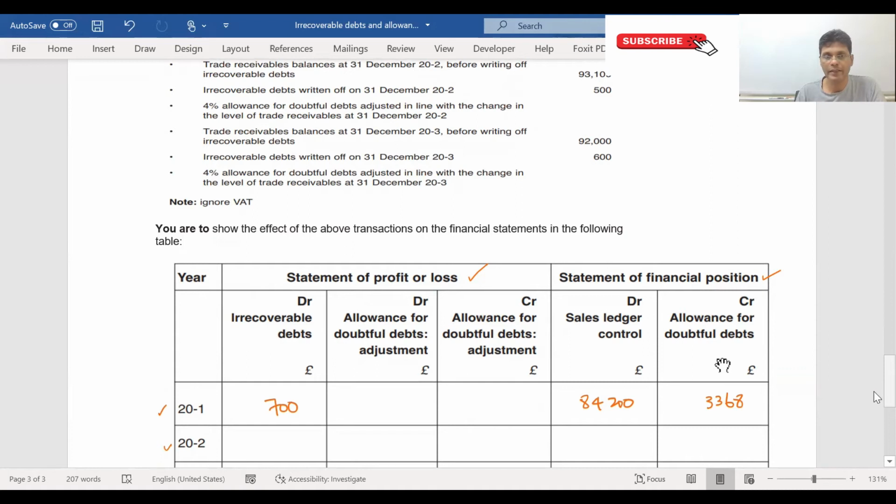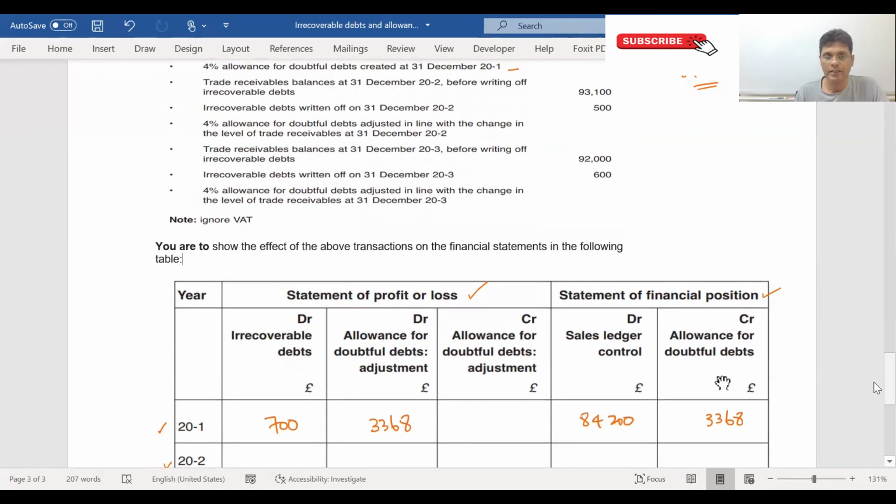you need to debit the profit and loss account, the adjustment, 3,368. Basically the double entry will be allowance for doubtful debts adjustment account debit and allowance for doubtful debts account credit. This is debited because we treat this as an expense.